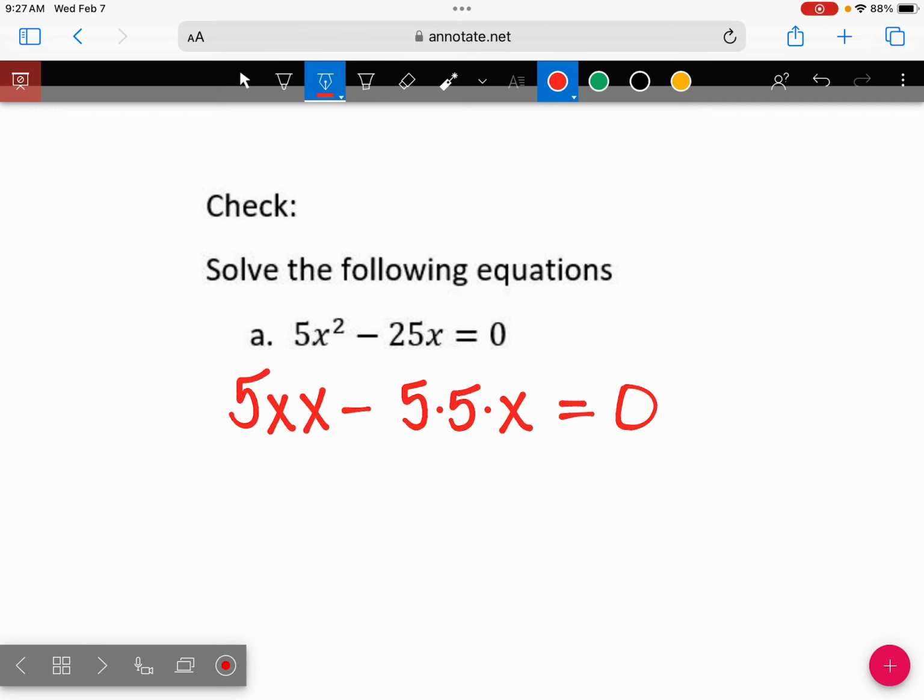And I forgot to mention that we need to make sure it's set equal to 0. But this one was already set equal to 0. So what would be my GCF? What can I circle? What do they both have? 5 and what else? All right, good.